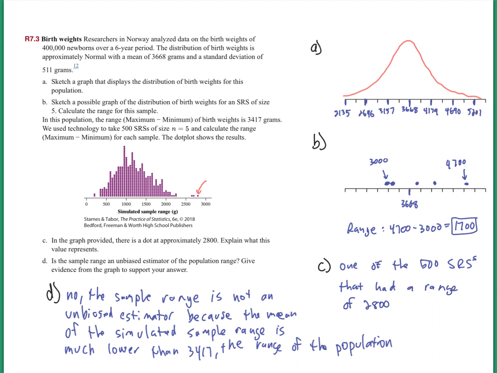Ranges will never be unbiased estimators because the range from a population is whatever the range is. That's the largest possible range that you could possibly get, so it's not going to be an average. The samples are always going to be at most equal to, but mostly less than.